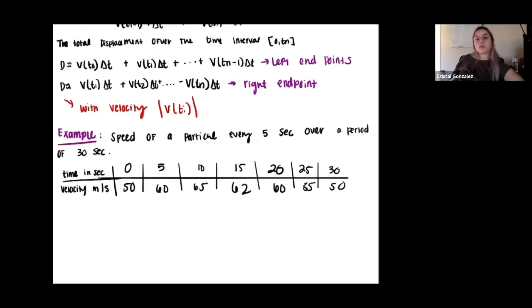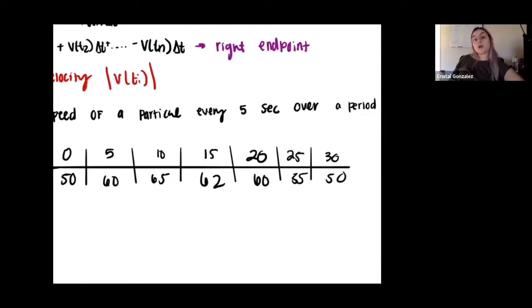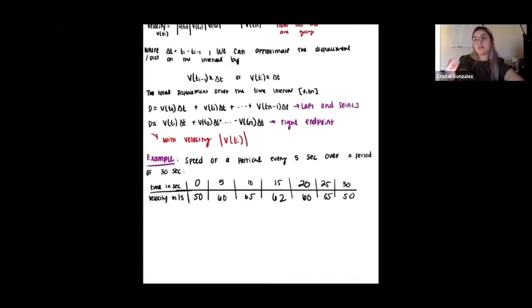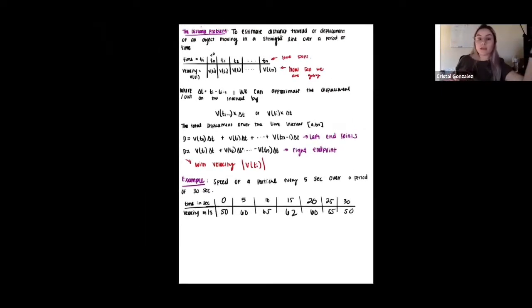So what I want you to do here is approximate the distance based on this velocity information. Let's do the left and the right-hand sided endpoints.